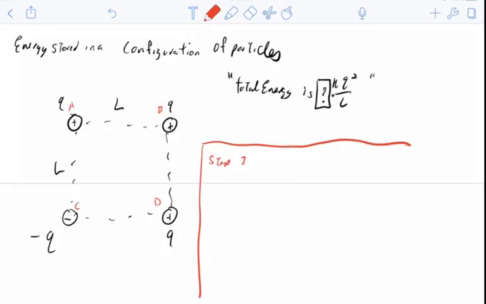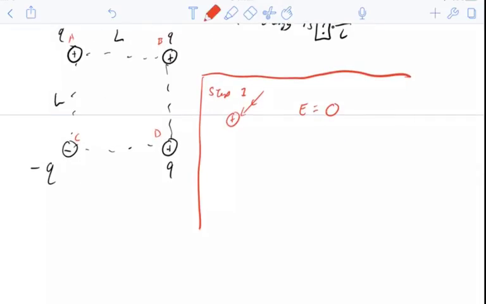Step 1, there's nothing, and then we bring A into place, and that took energy 0. Okay. Step 2. A is in place, and it's making an electric field, and then we're going to bring B into place.